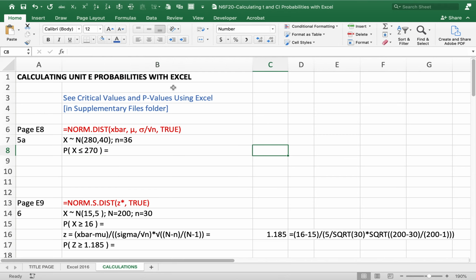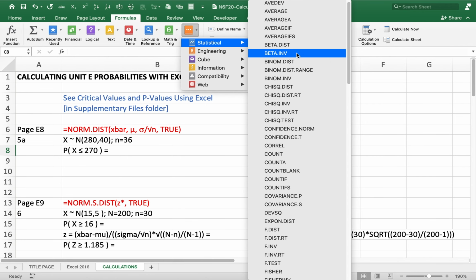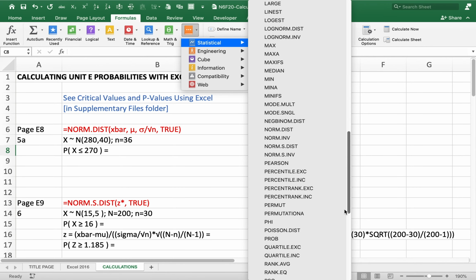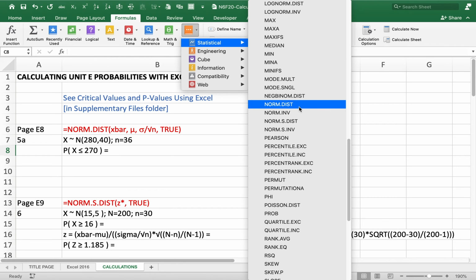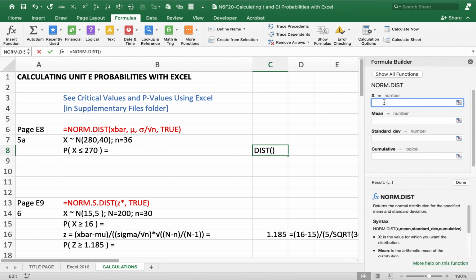So let's put the answer over here, and I'm just going to build the norm.dist function. I can go into formulas, more functions, statistical, and find the norm.dist functions. If I click on that, it will ask me for an x value. So I'm going to type in here 270.